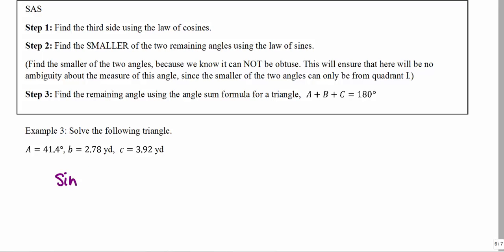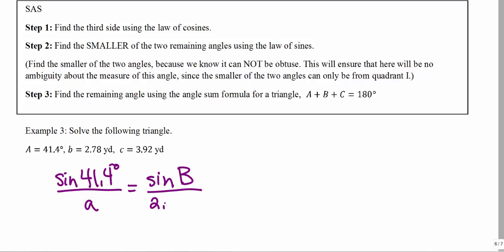That would be sine of angle A divided by side A, which we don't know, and then sine of angle B, which is not given in this example, divided by side B, which would be 2.78. And that would be equal to our last fraction with C, sine of angle C divided by side C.